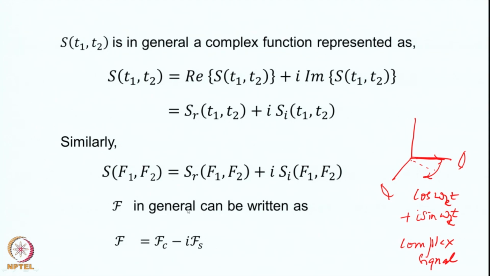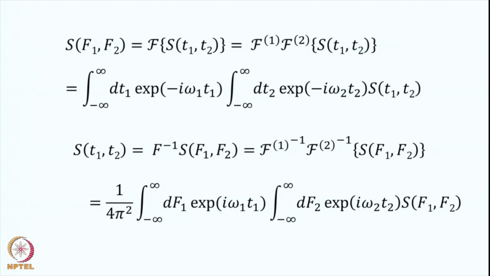Now this Fourier transformation in general can be written as a sum of two transformations. This we have already seen. This is Fc minus i Fs, a general Fourier transformation is written as a sum of these two. What are these? This is the cosine Fourier transform and this is the sine Fourier transform. So when we write the general variable as e to the minus i omega 1 t1, you can write it as cosine omega 1 t1 minus i sine omega 1 t1.